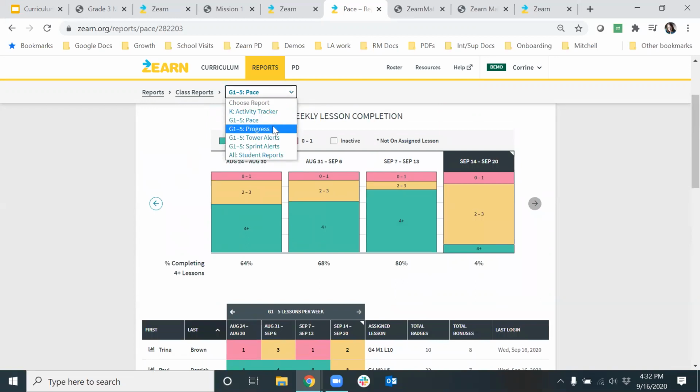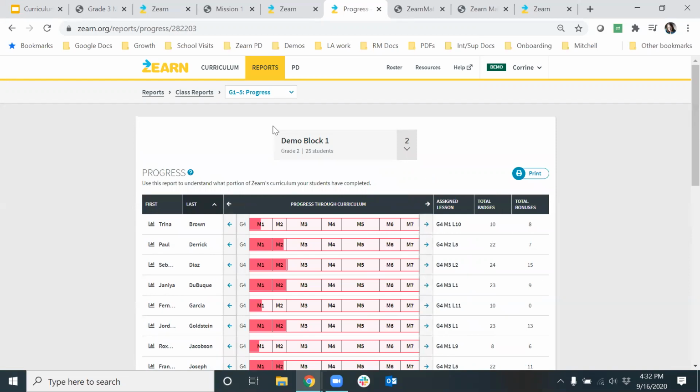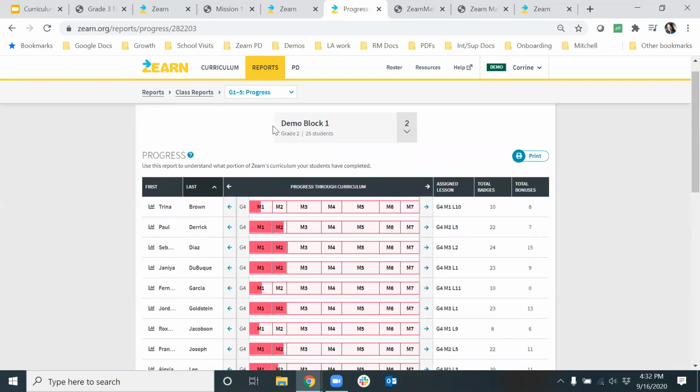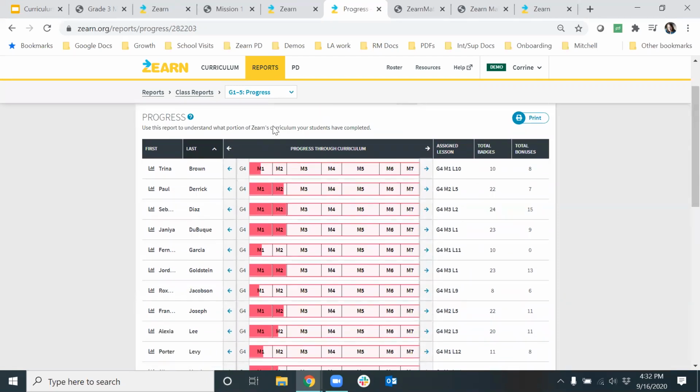The next report is the progress report, which helps teachers keep students on track to completing work throughout the curriculum. So it gives a little higher level view of student progress through their digital lessons. It shows where students are working in the digital scope and sequence and what content they've completed.